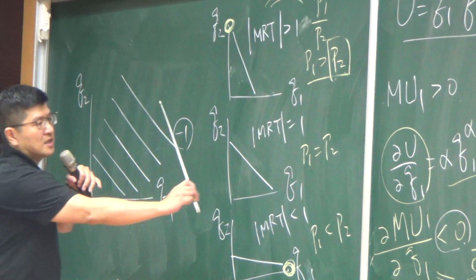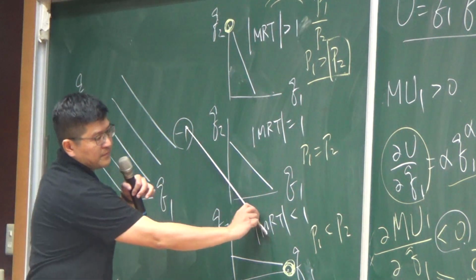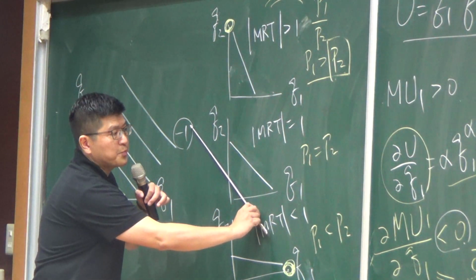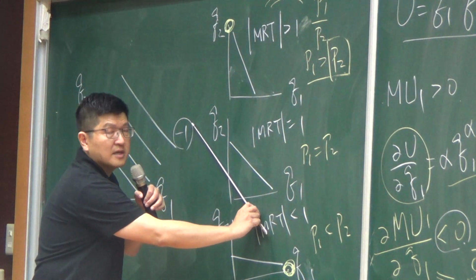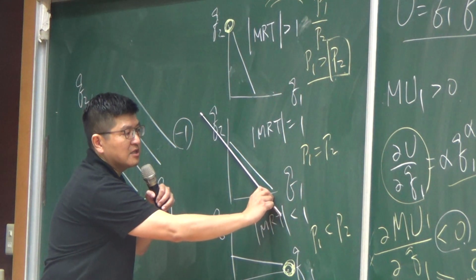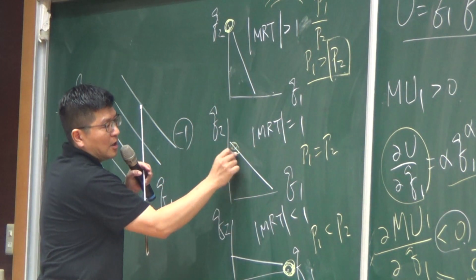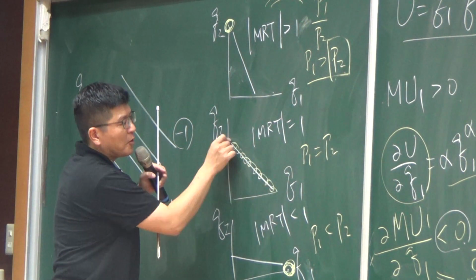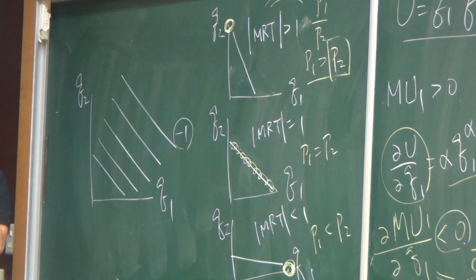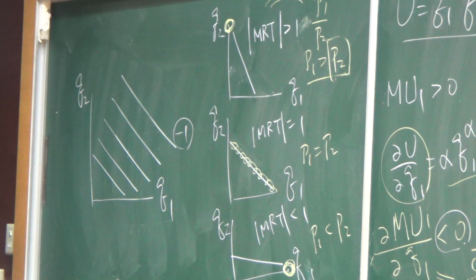But what about this? So we just push the indifference curve as outward as we can, and we find all points on the budget constraint, budget line, can give us the same level of utility, right?